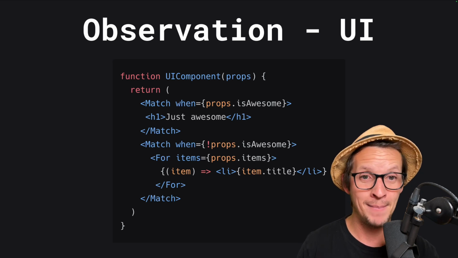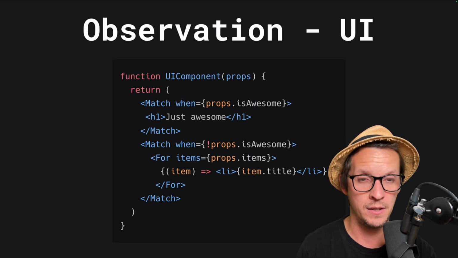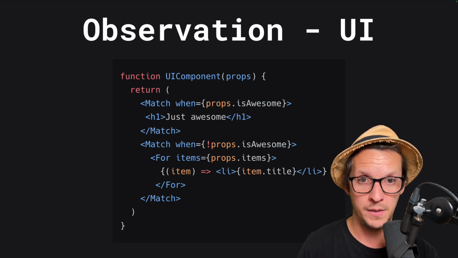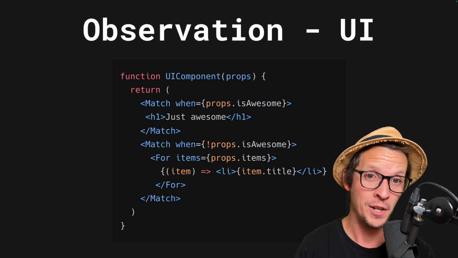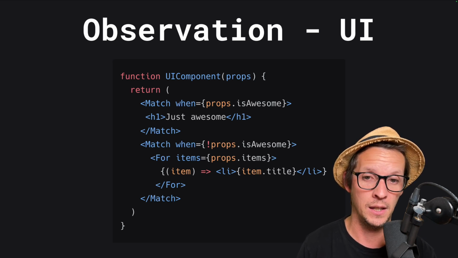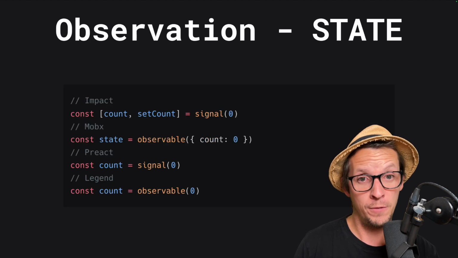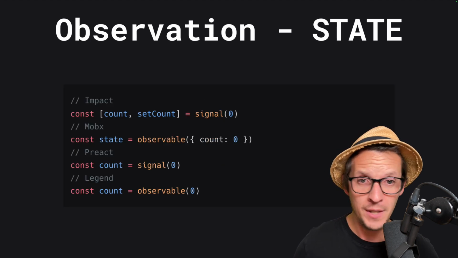And that means that this just doesn't work with the language. It has challenges with TypeScript, and you need to learn these primitives and how they work. And some solutions have their own templating languages that need their own type checker to make that work.